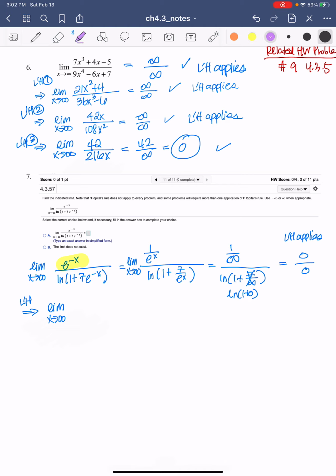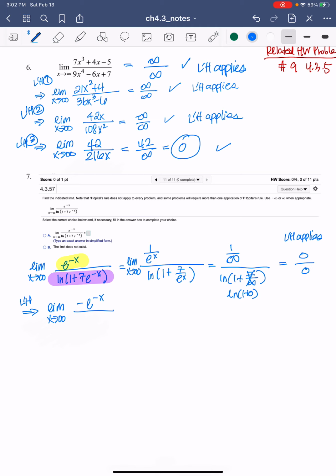The derivative of e to the negative x, let's recall, is the chain rule: e to the negative x times the derivative of negative x, which is negative 1. So I get negative e to the negative x. Then ln of 1 plus 7e to the negative x.